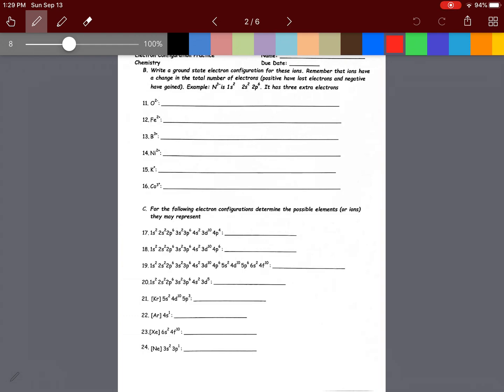Next, we'll talk about this a little tomorrow, but this asks you to write a ground state electron configuration for these ions. Remember that ions have a change in the total number of electrons.